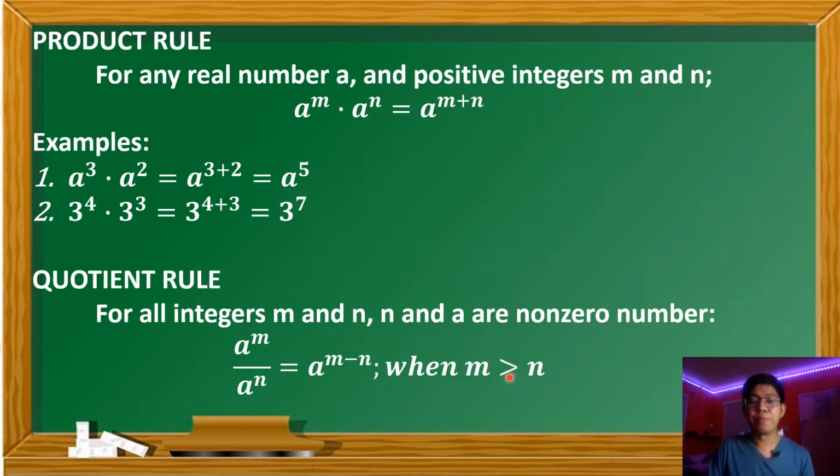That is, when the exponent of the numerator is bigger than the exponent of the denominator, we copy the common base, which is a, then subtract the exponents. Let us have an example.